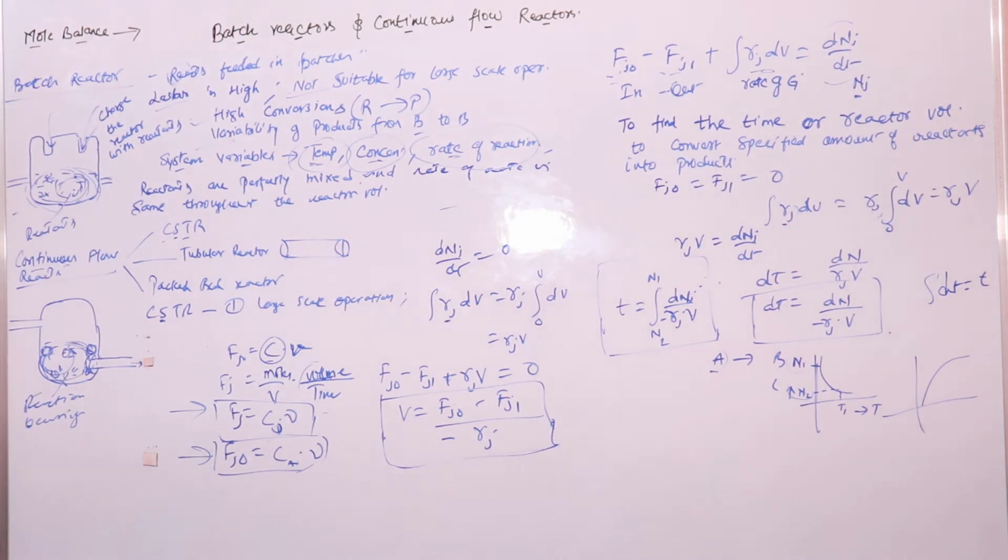The molar flow rate Fj is just the product of the concentration of species J and the volumetric flow rate. Putting in all the values of Fj and Fj0, you will get the expression for the volume of the reactor in terms of the concentrations.